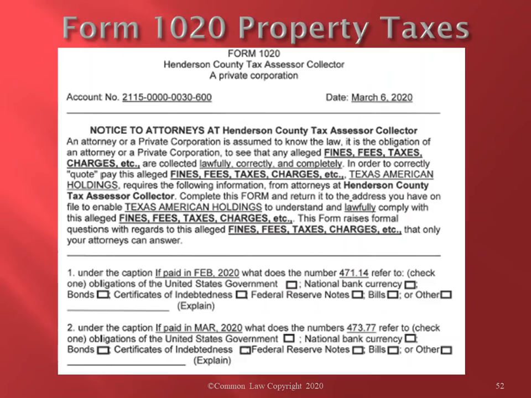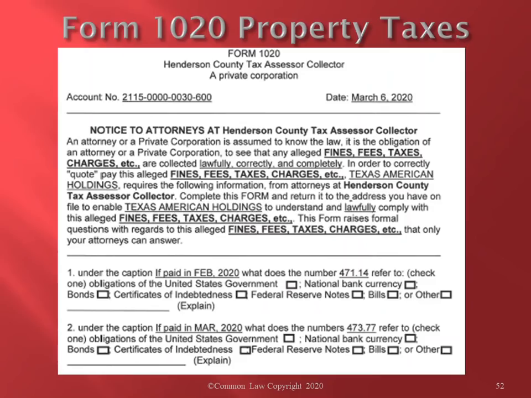It's got all the same text. Matter of fact, I just do replace in Microsoft Word, and I replace the name. And notice this one's for Texas American Holdings too, so it's a fictitious entity. It's always a fictitious entity anyways, and it's amazing how it works. I did it with the IRS with a LLC, and haven't heard a peep out of them since.